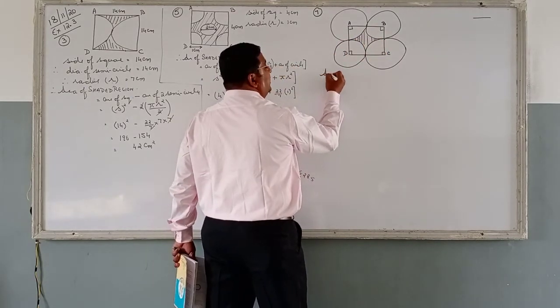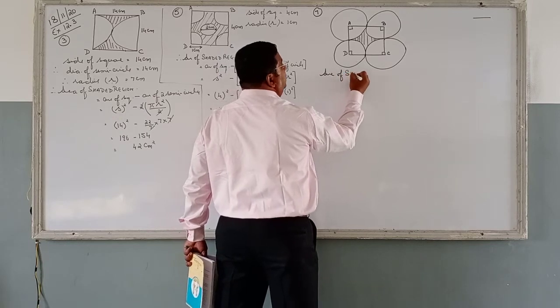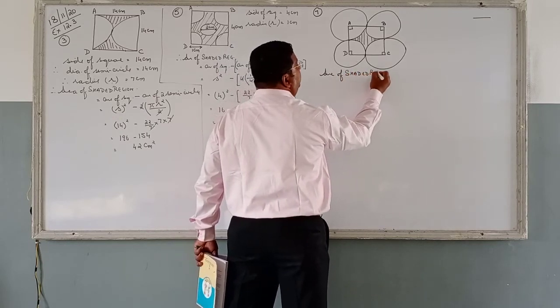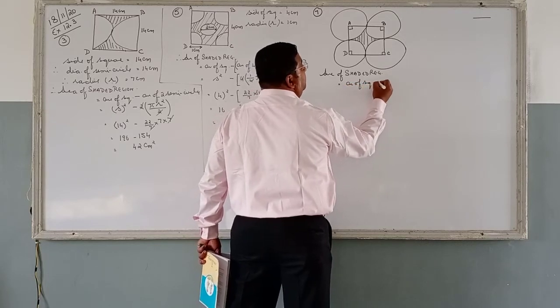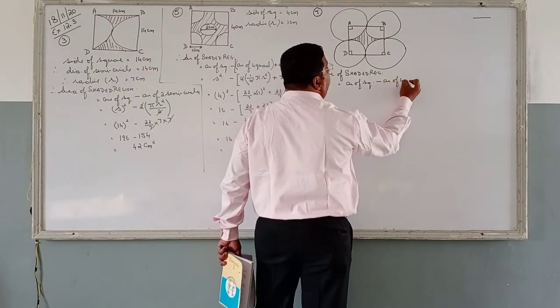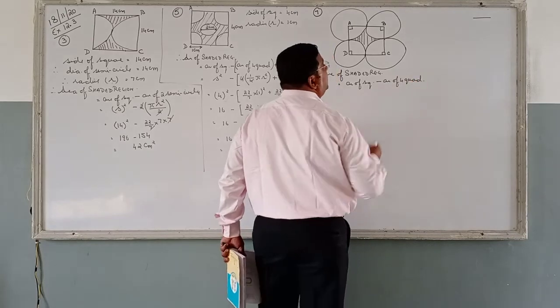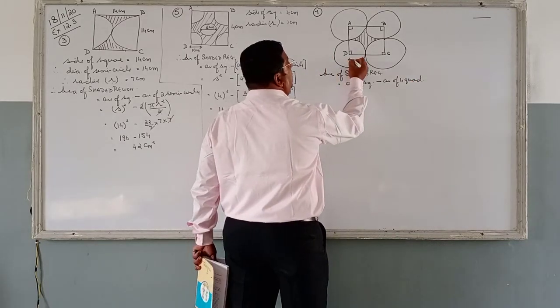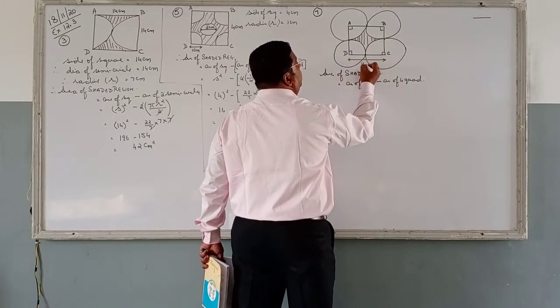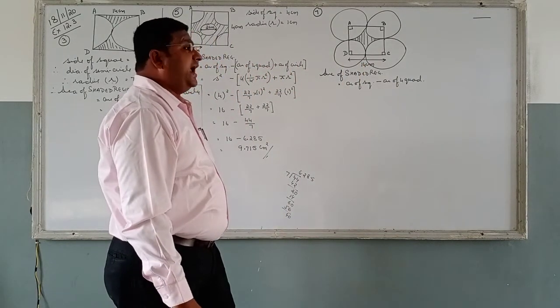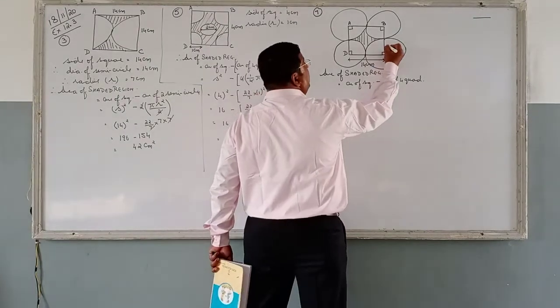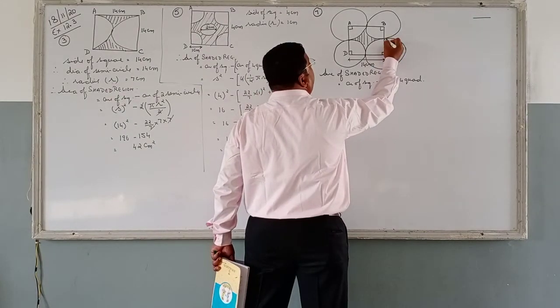So, area of shaded region is equal to area of square minus area of 4 quadrants. The only problem, what is the side of this square in the question? 14 centimeter. And automatically, if the side is 14, the radius becomes 7 centimeter for each of these circles.